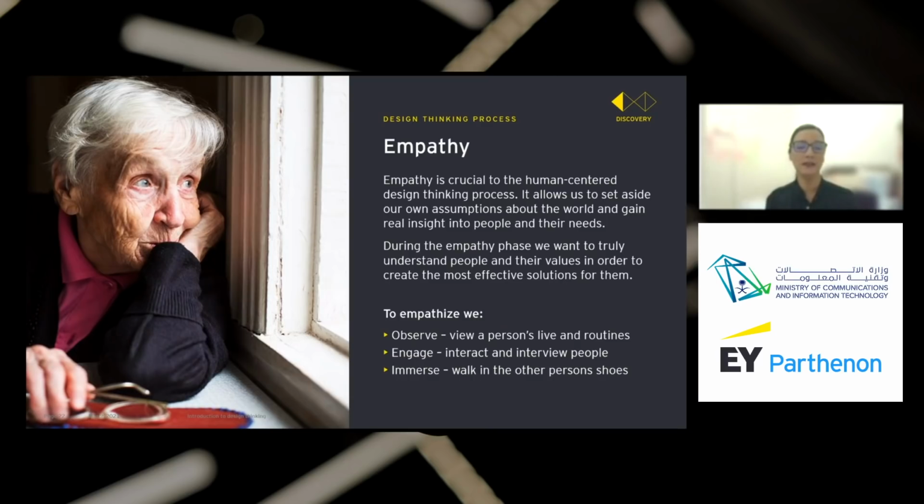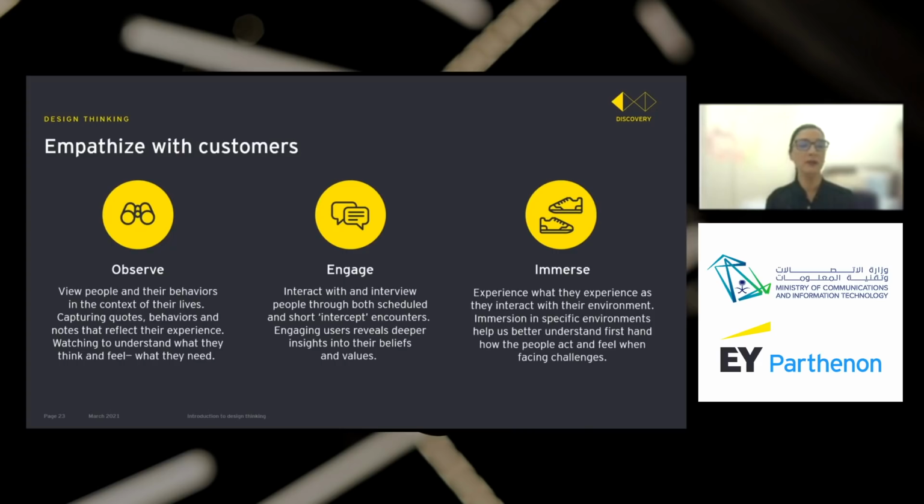And we do this in 3 different ways. We observe, engage, and immerse. By observing, we want to view people and their behaviours in the context of how they live. So we watch how people use a product or a game. We'd capture quotes, behaviours, and reflect on how they actually interact with a game as well. The second way is through engage.